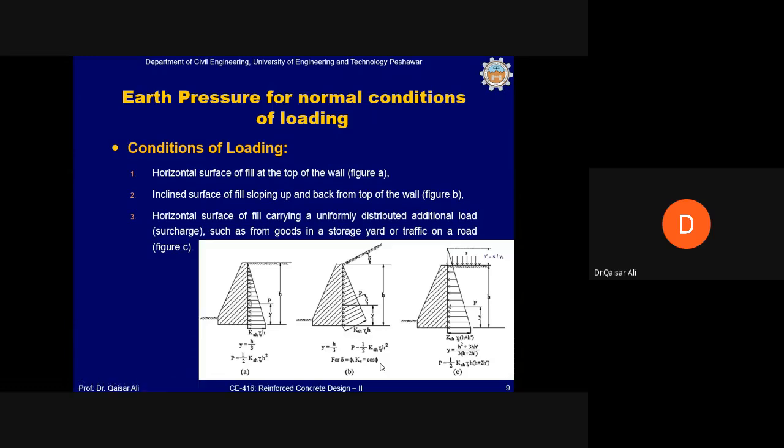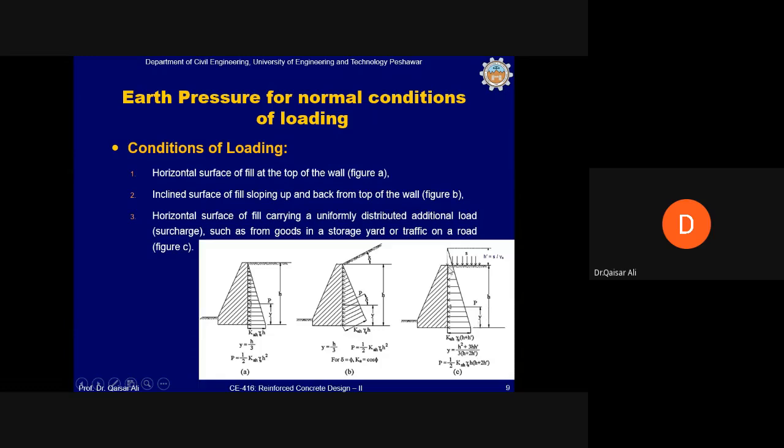You would have studied these things in your technical book. If you don't remember these derivations and equations, you better get hold of any good book on geotechnical engineering or soil mechanics, and you will be able to see not only these equations but also the derivation of these equations.